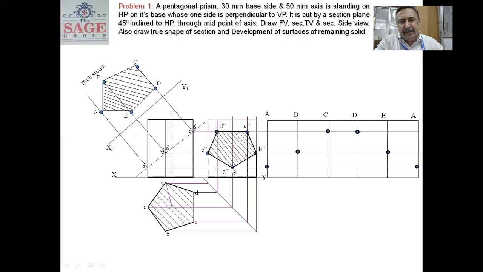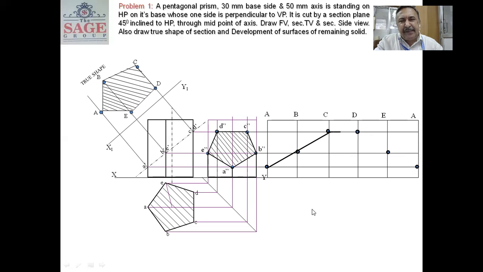Suppose this is the first point, so this gives us the intersection at this point, because we name these points just as we named them above. Then this is point B, this is C, this is D, E, and again A.